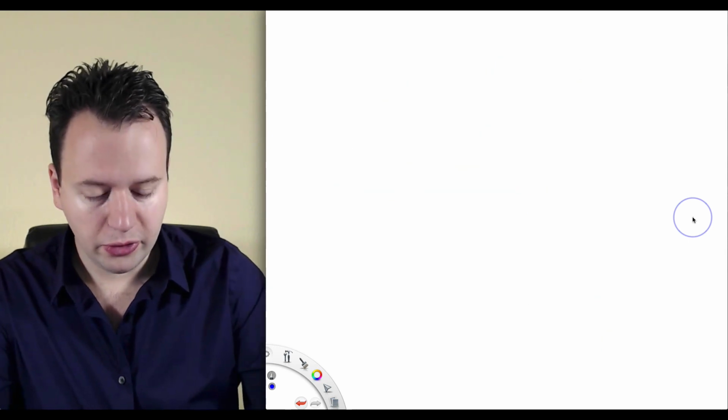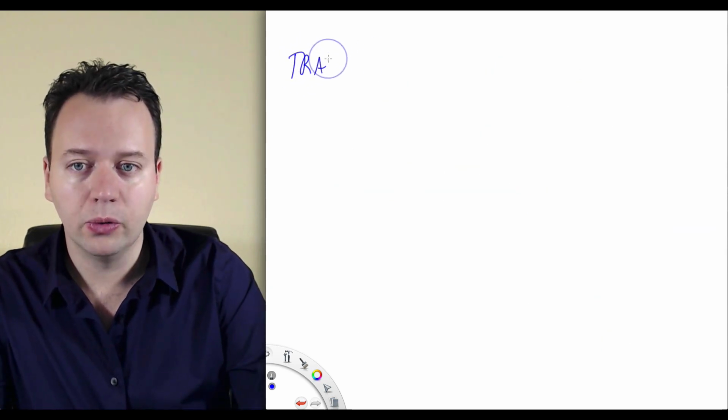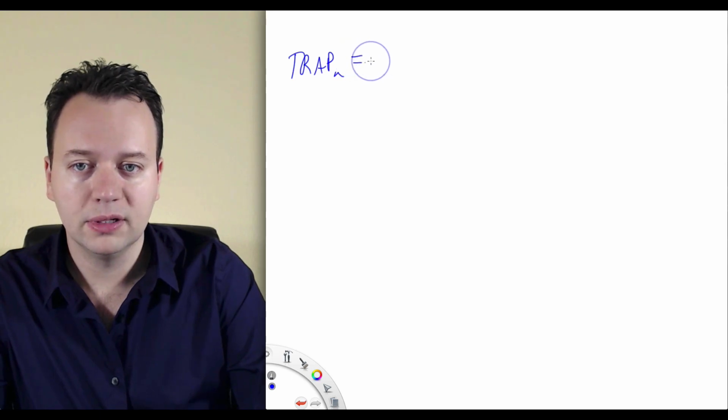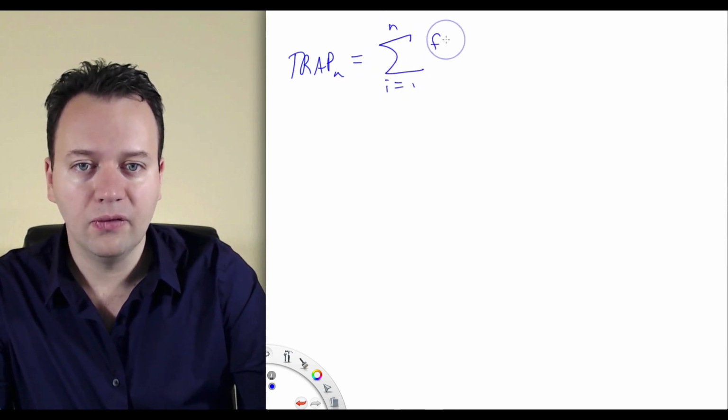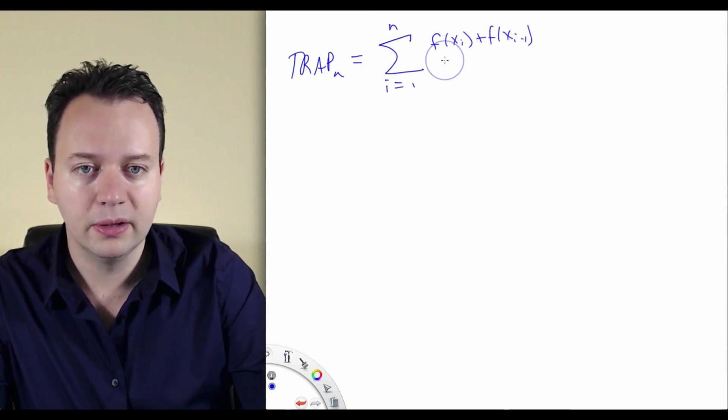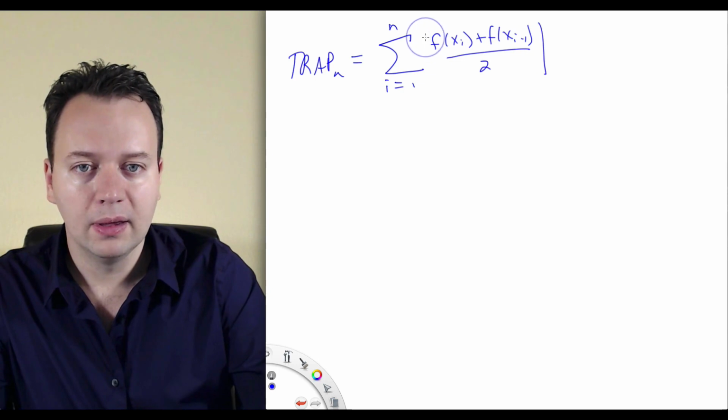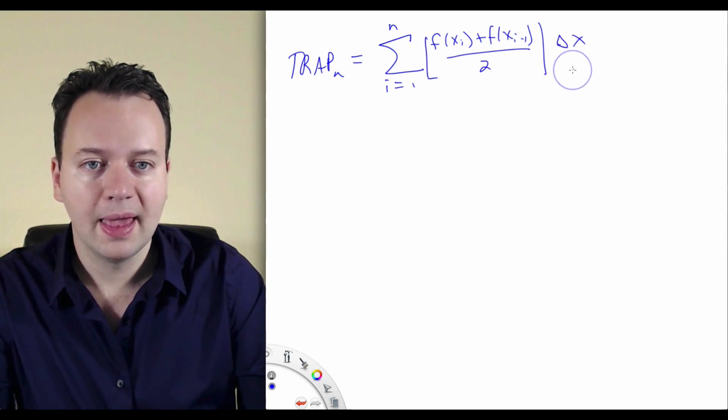Now, an additional note: if you have the trapezoid rule with n subintervals, that's going to be the sum from i equals 1 to n of [f(x_i) + f(x_{i-1})]/2 times delta x.